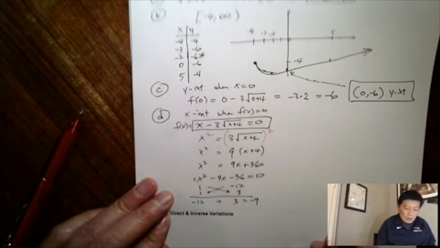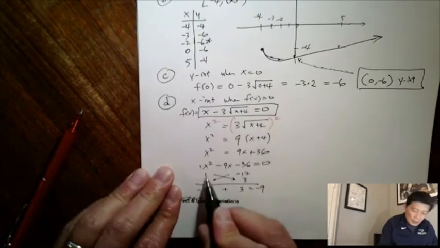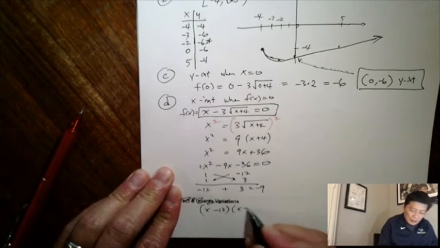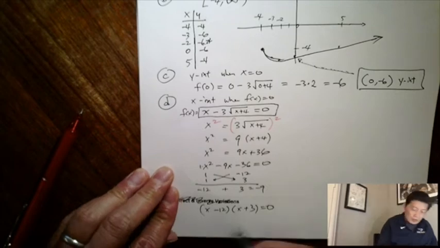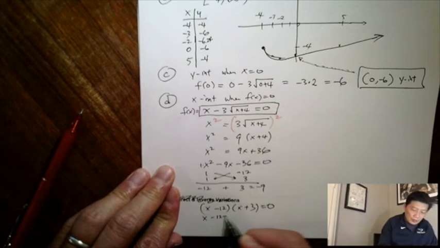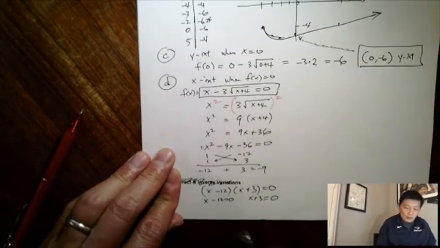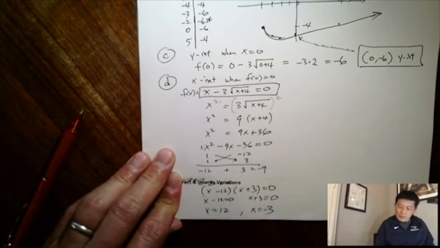So what that means is that I will have x minus 12, and x plus 3, is equal to 0. If that's the case, then x minus 12 is equal to 0, x plus 3 is equal to 0, so that means x is equal to 12, or x is equal to negative 3.